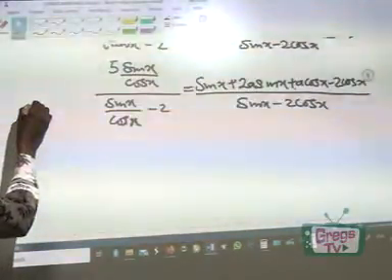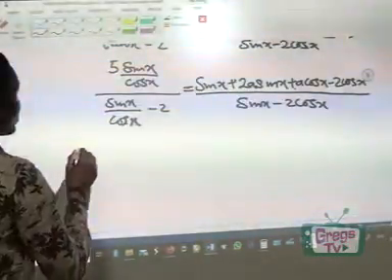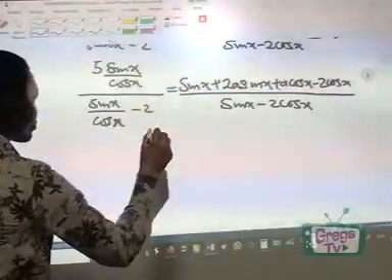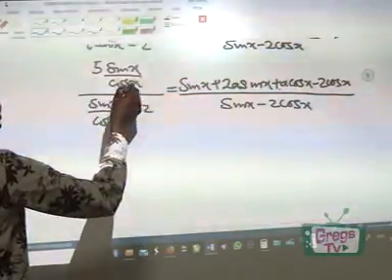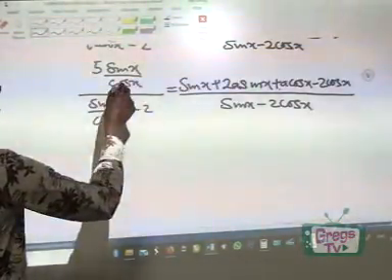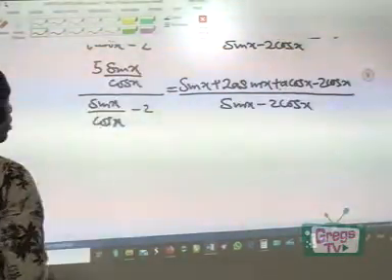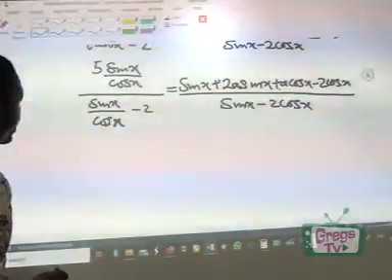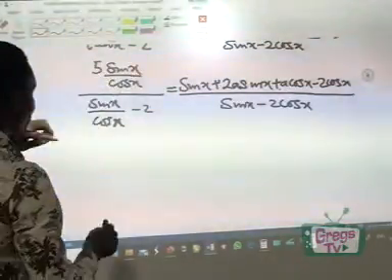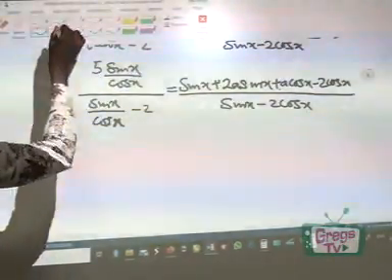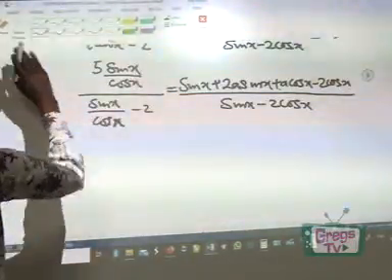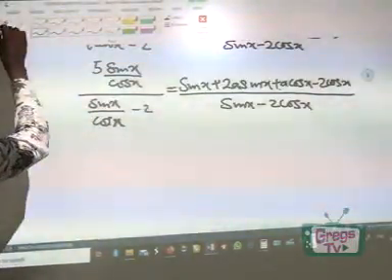So let's take it a bit up, and if you do that, what will this be? Let me get rid of cos x since it's occurring on the denominator from both sides. So here I'm going to say multiply both sides by cos x, and if you do that, let's see, just multiply the left hand side by cos x together with the numerator. This is what you will get.